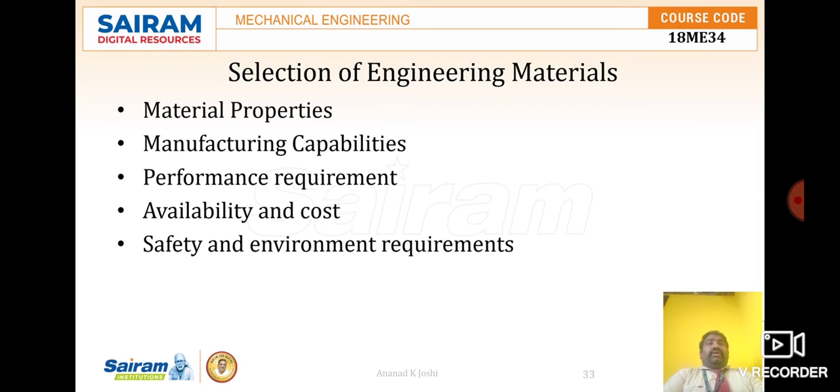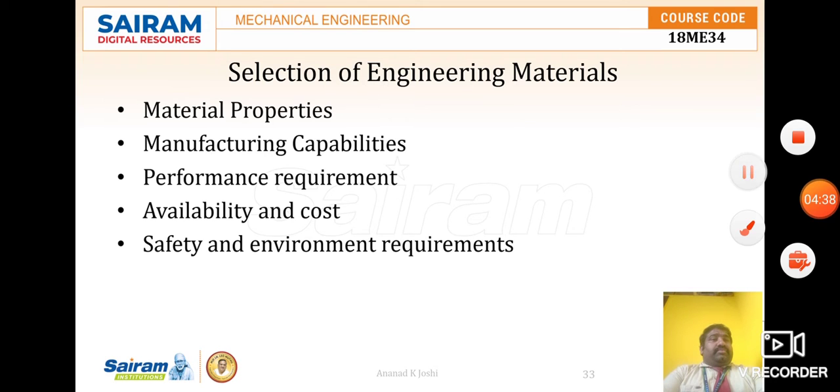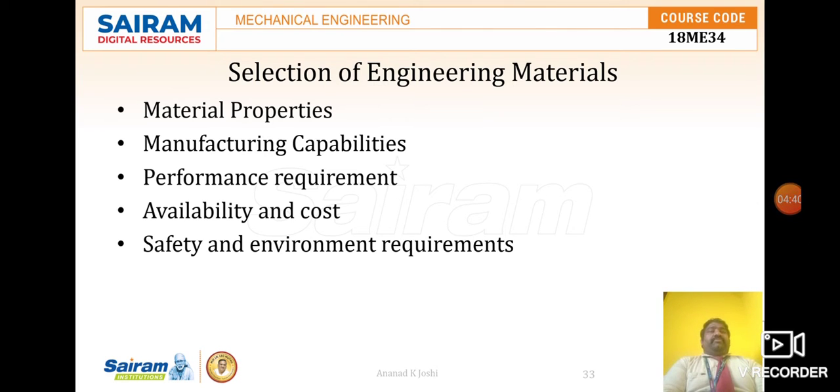This product may be subjected to load, heat or light, etc. The various material properties we can discuss now. We can discuss mechanical properties like strength, ductility, brittleness and wear resistance, and thermal properties like thermal conductivity, heat capacity and thermal expansion.